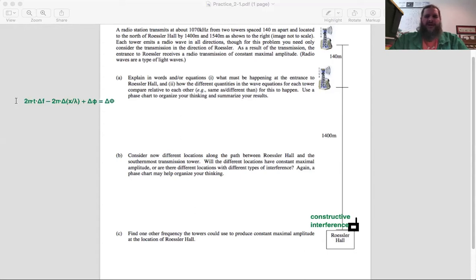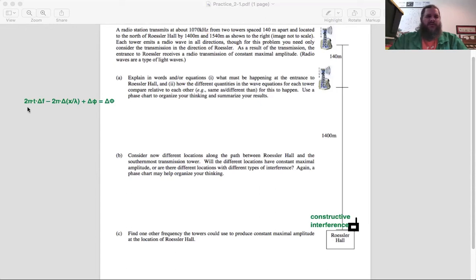Do we know what is the same here? Is there anything we can ignore in this equation? We can ignore 2 pi t times delta f. Yeah, this problem does tell us they both have the same frequency. It even tells us what the frequency is. Because the radio station is transmitting this frequency, 1070 kilohertz. Presumably both antennas are transmitting that same frequency.